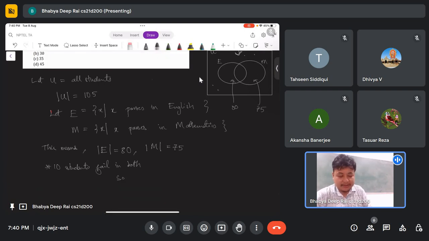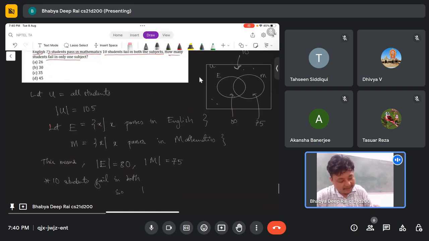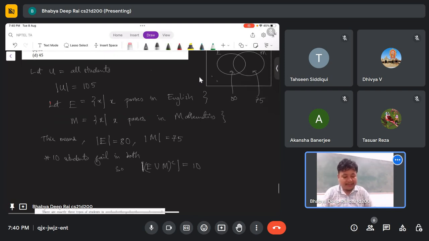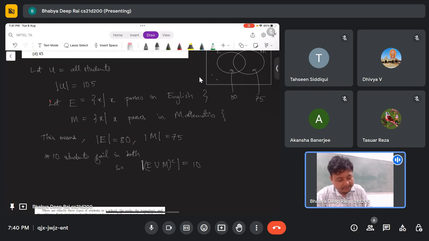So who are these students? As we observed in the Venn diagram, they are (E union M) whole complement, all the students sitting outside E and M. This is equal to 10. If (E union M) complement is equal to 10, then 10 people are sitting outside.